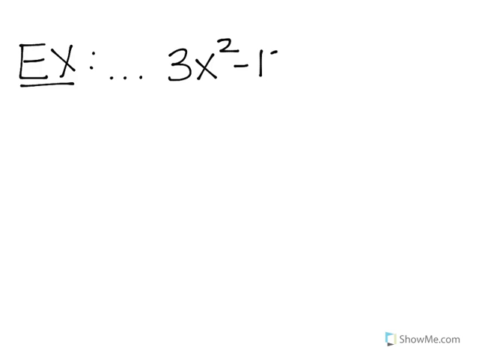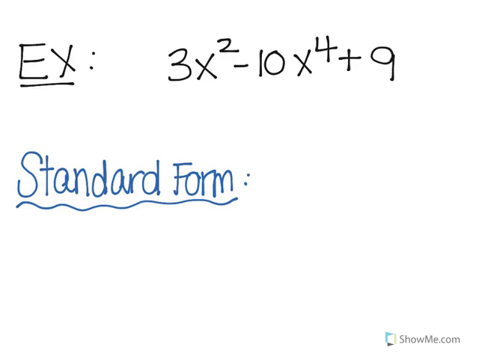Alright, so I'm going to give you an example, and what I want you to do is give it a try, and I want you to write it in standard form. So you have 3x to the second minus 10x to the fourth plus 9. So take a second and write this in standard form. Okay, so the first thing I'm going to look for is the highest exponent, which is the 4, but you need to take the whole term.